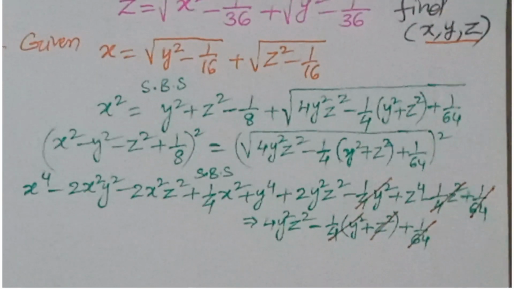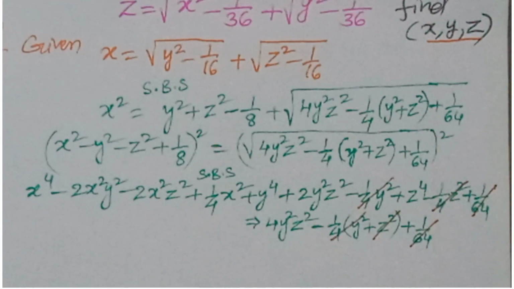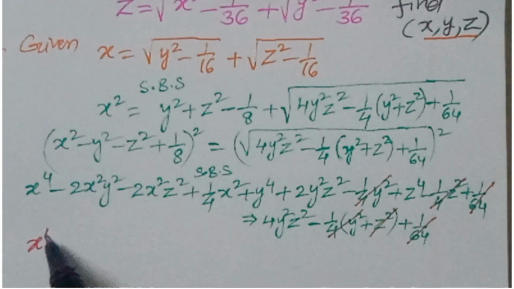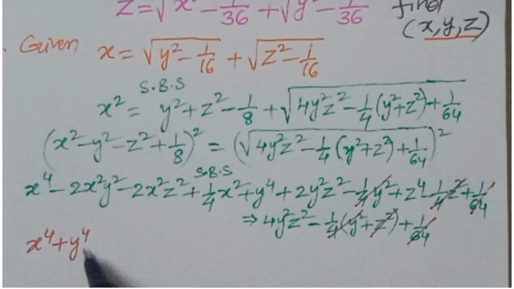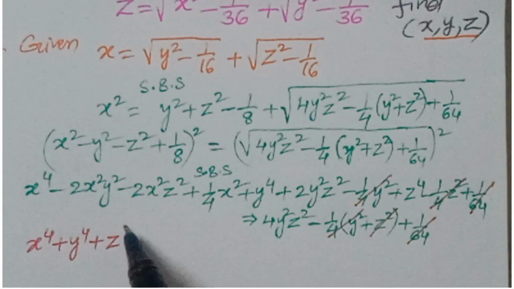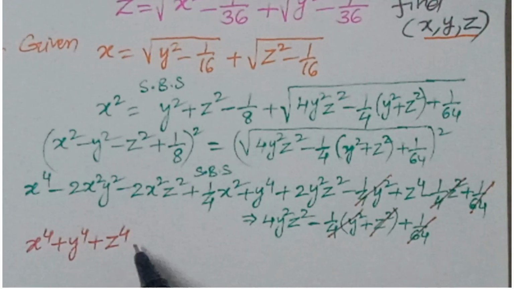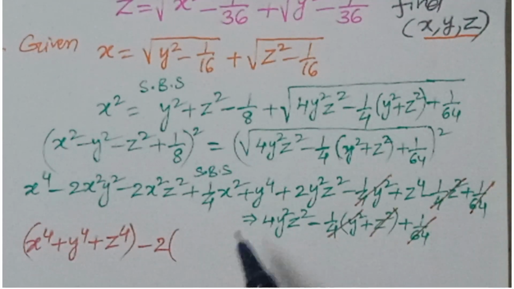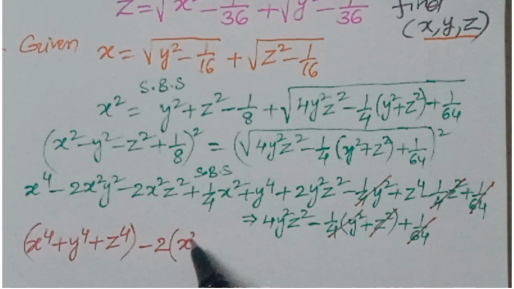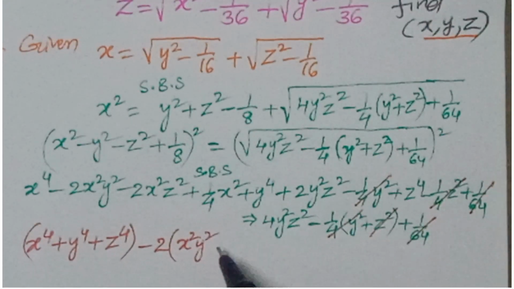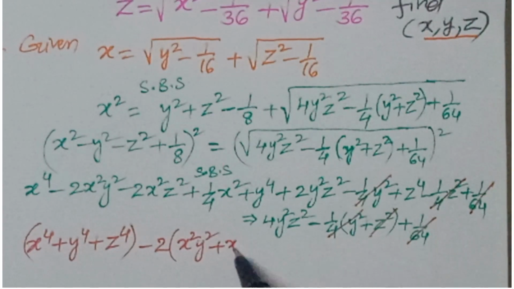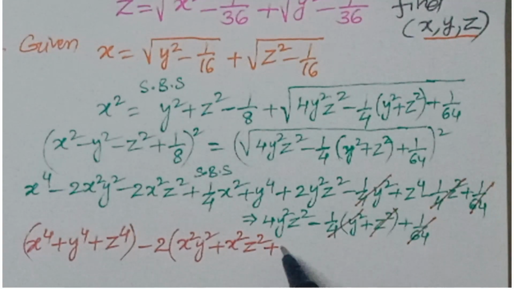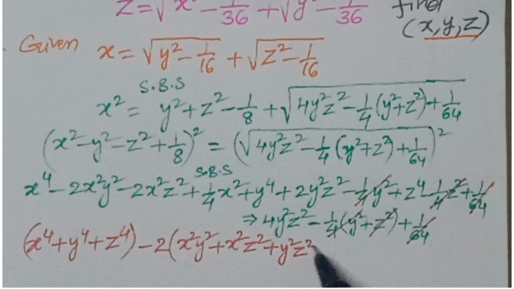Now what is left over here? I am writing according to the power: x to the power of 4 plus y to the power of 4 plus z to the power of 4, bracket, minus 2 into x square y square plus x square z square plus y square z square.